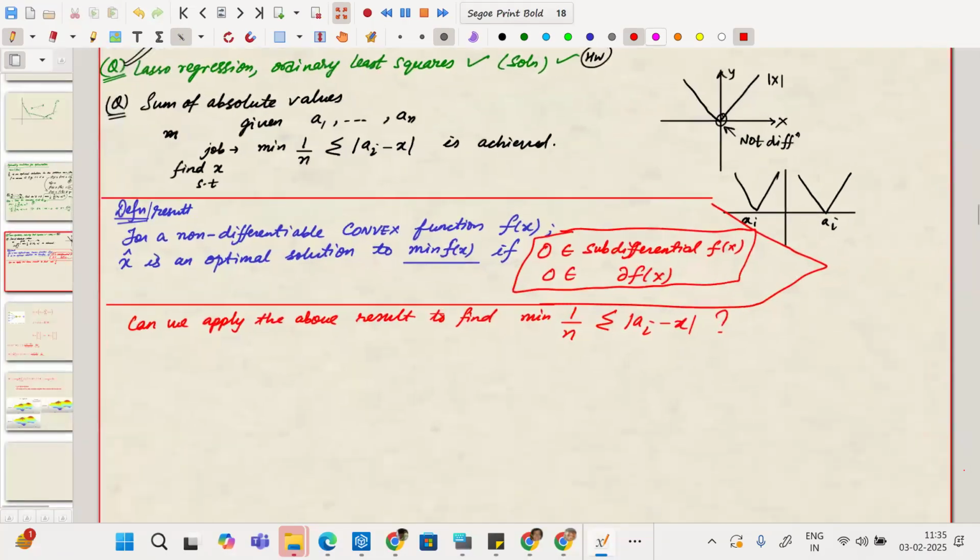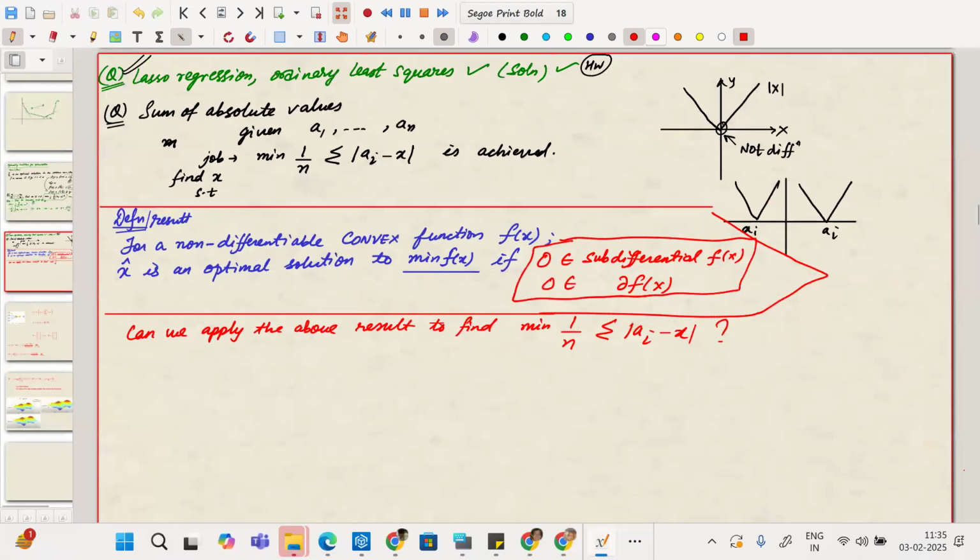Why did we spill the beans in this slide only? Because mod ai minus x is a non-differentiable function. It's an absolute value function which looks like a V shape, like this. So here it is non-differentiable. If it is non-differentiable here and you want to find the optimum solution, can we apply this rule here? Can we apply the result here?